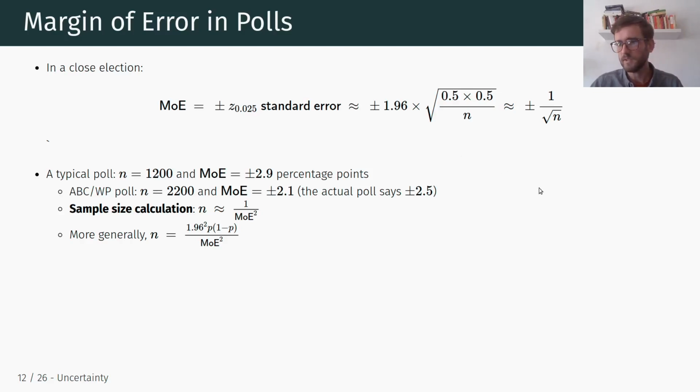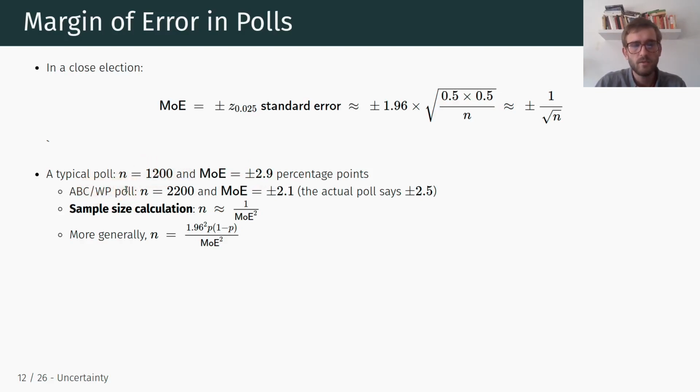So for example, in a typical poll using this formula for close elections, we have a margin of error around 2.9 percentage points. And again, this is very much related to our discussion of the confidence interval. This is basically just the deviation that we subtract from or add to our mean value in order to compute the 95% confidence interval, right? That's around 2.9 percentage points in a poll with 1,200 respondents.